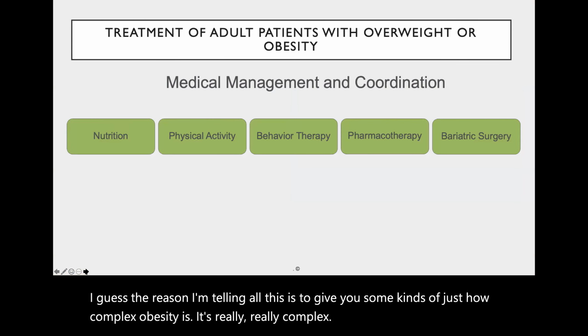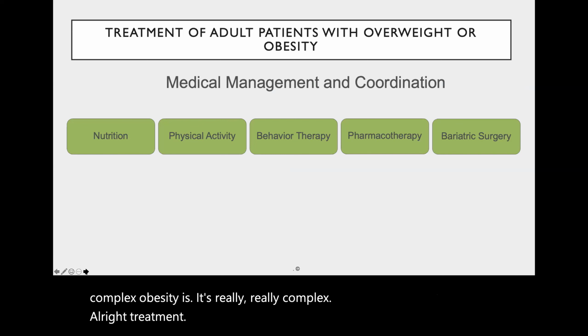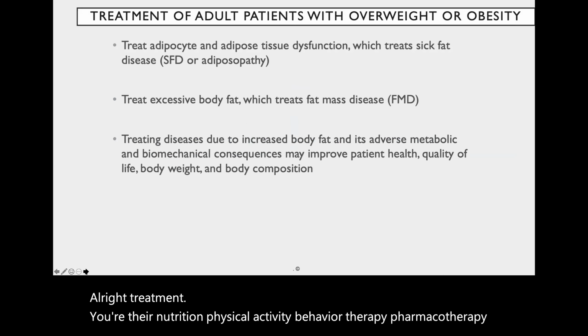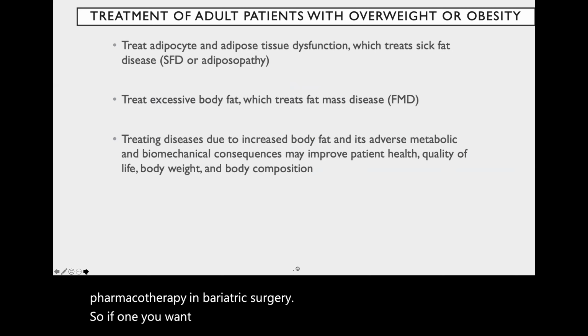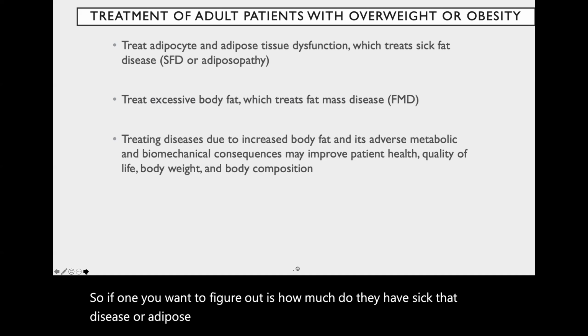All right, treatment. Here they are: nutrition, physical activity, behavior therapy, pharmacotherapy, and bariatric surgery. So one thing you want to figure out is how much do they have sick fat disease or adiposopathy? And you treat excessive body fat, which treats the fat mass disease.